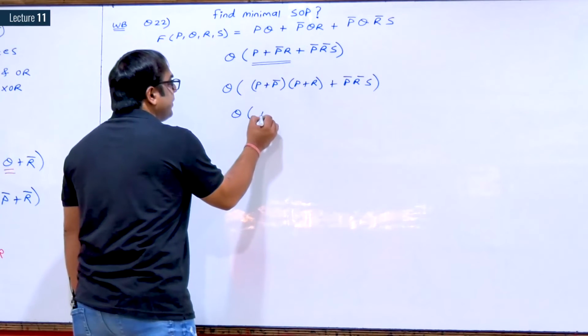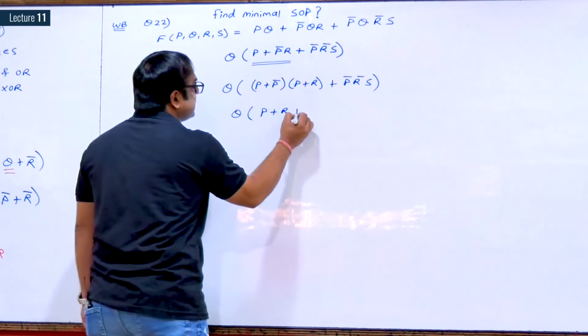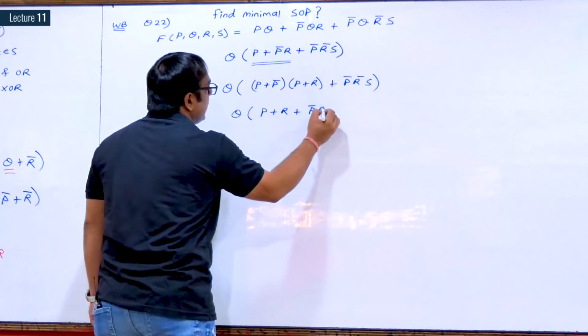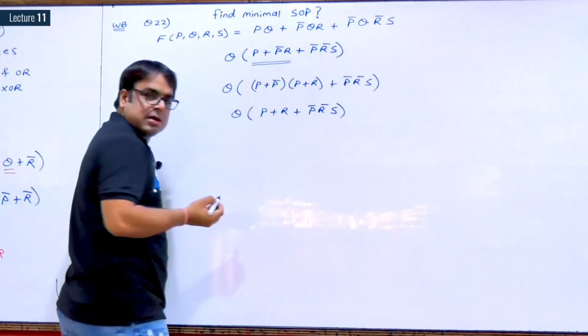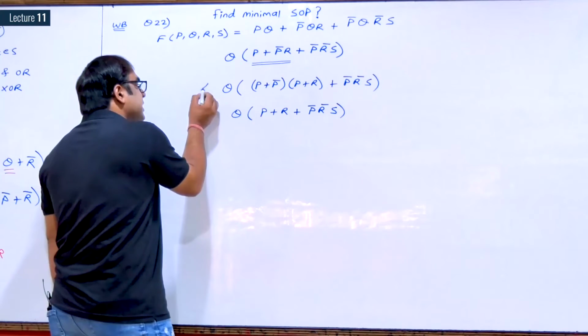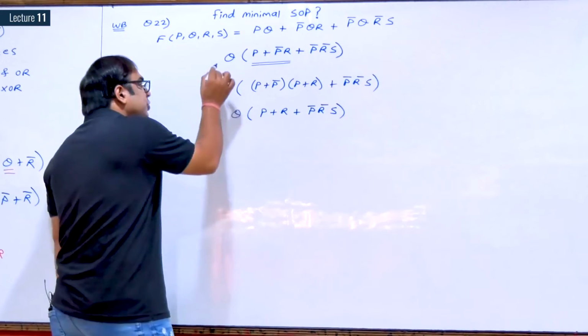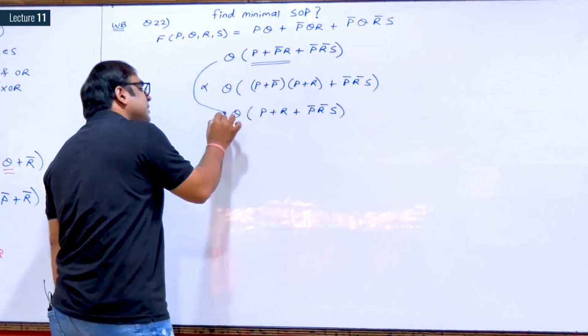It means it would become P plus R plus P complement R complement S. So in exam this step will not be required. You should directly be able to write this step.